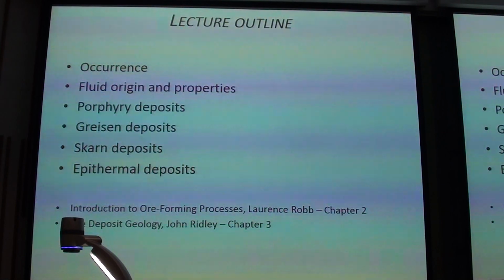So we'll briefly look at the occurrence and the tectonic settings where these deposits occur, the fluid origin and some properties. We'll have more on fluids next Wednesday, and then we'll look in a bit more detail at deposit types: porphyry, greisens, skarns, and epithermal deposits.